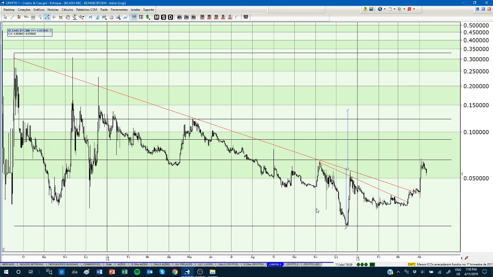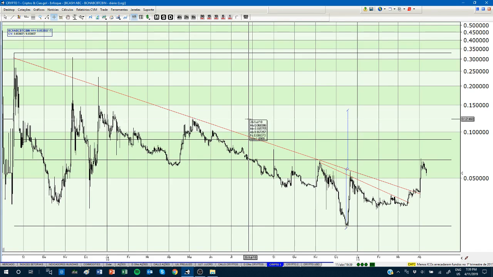You see, we have this formation here that I suppose is an inverted head and shoulders, and it projects that probably it's going to stop at the top of May last year, which is at 0.12 BTC. Remember that I'm always showing you guys the charts quoted in Bitcoins.